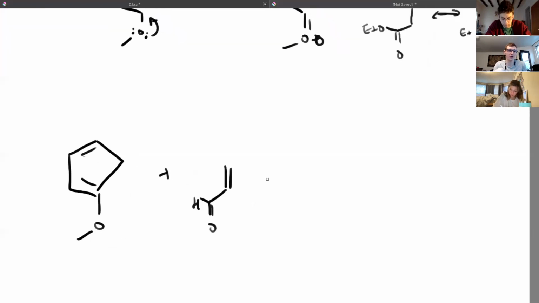Let me draw this out in 3 dimensions, so to speak, all ready to start. Let me draw it like that. There we go. There's this first molecule, which is this cyclopentadiene.